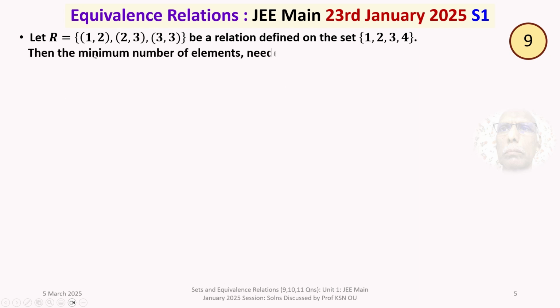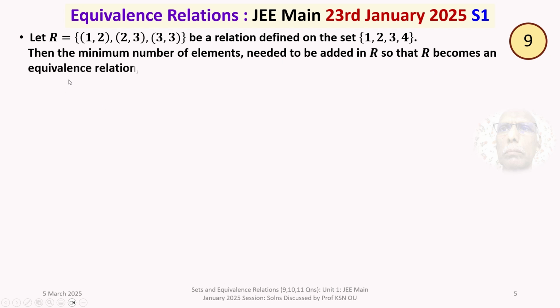Then the minimum number of elements, that is the minimum number of ordered pairs needed to be added in R so that R becomes an equivalence relation is, we are given 4 options.